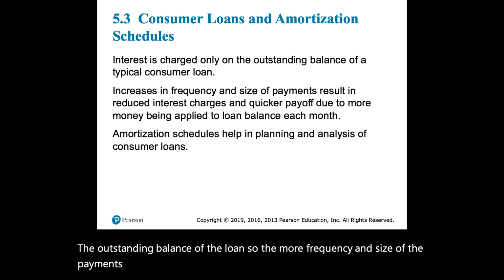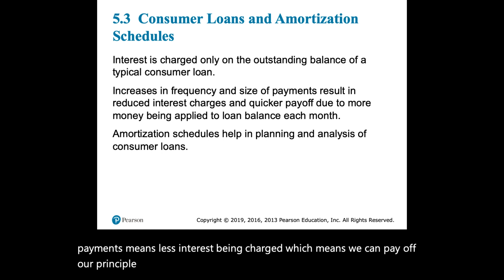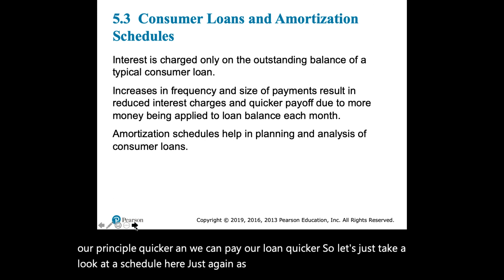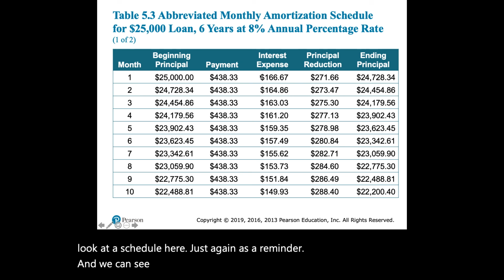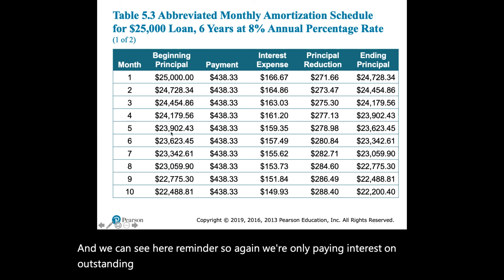Let's take a look at a schedule here, just as a reminder. We can see that we're only paying interest on our outstanding loan. In this case, we have a 72-month amortization, so it's 6 years being paid monthly. In other words, 72 payments are going to be made in those 6 years.